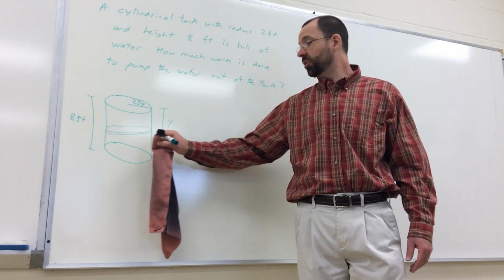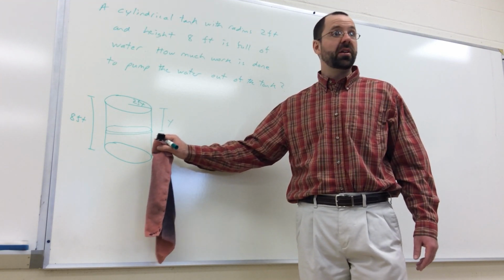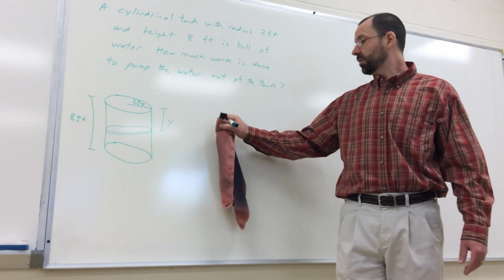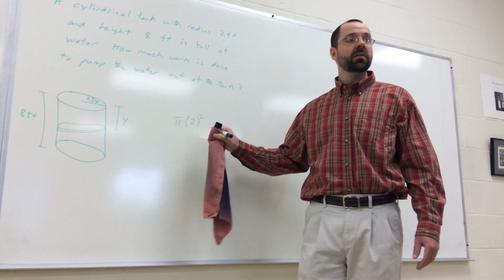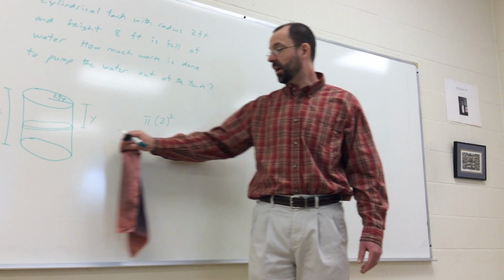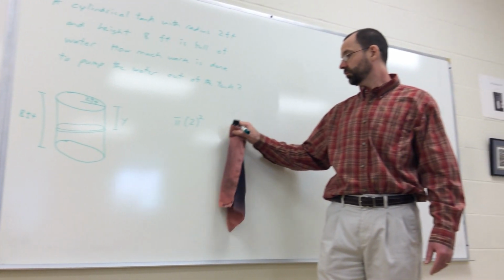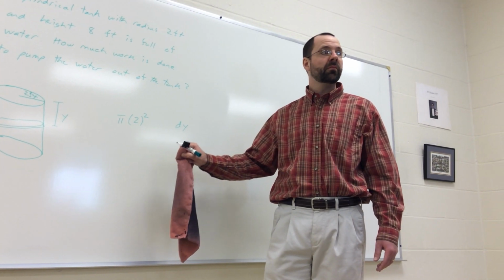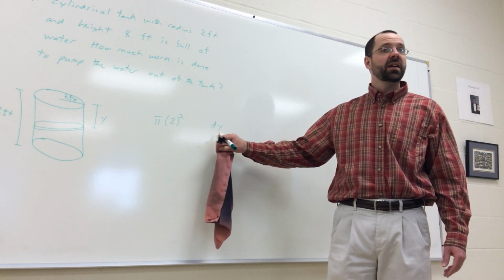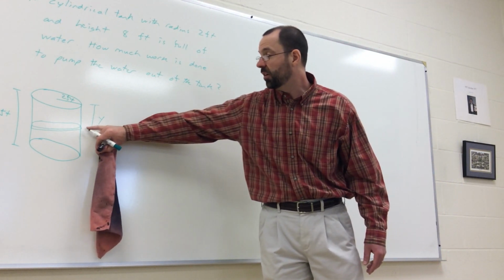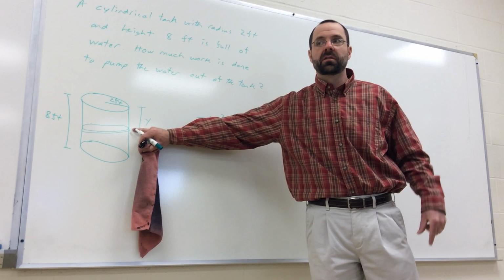And we need to find the volume of that water. It's a cylinder in shape. So it's pi times 2 squared times dy. So pi 2 squared dy represents the volume of this tiny heighted cylinder.